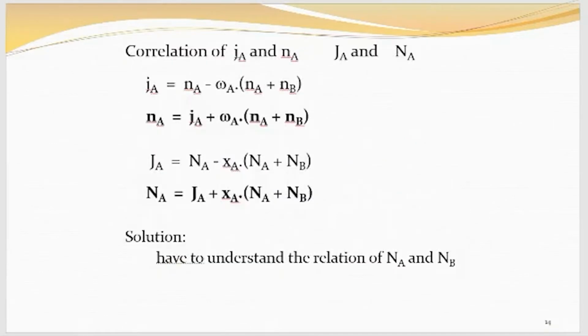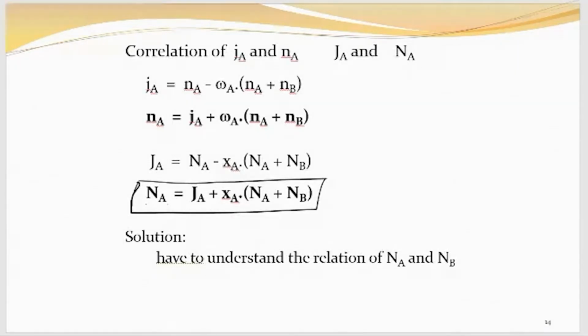The correlation between N and J looks like this. Na is the combined flux of A, Ja is the molecular flux of A. So this is the correlation. If you look, this correlation is different from all the correlations we have before.